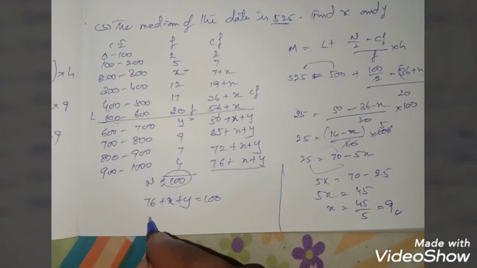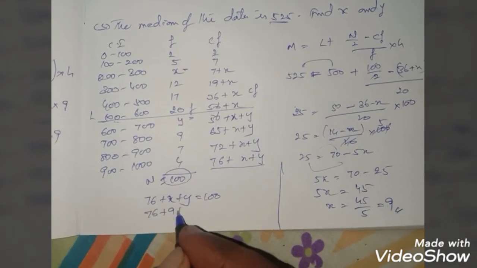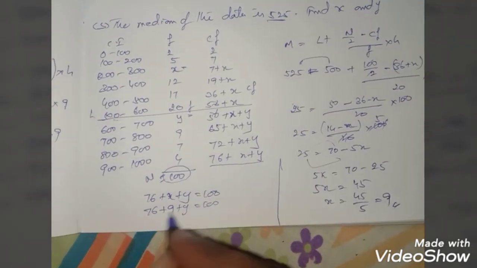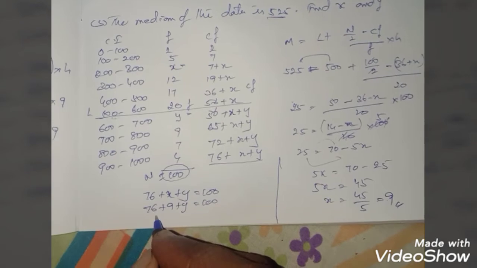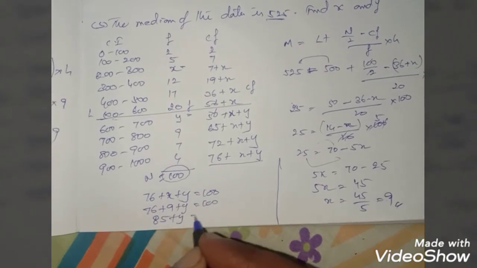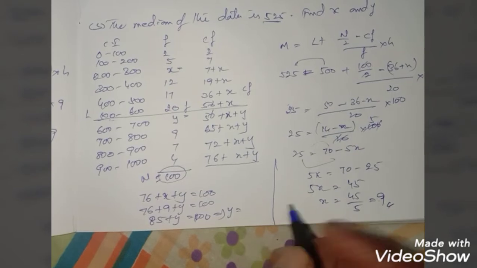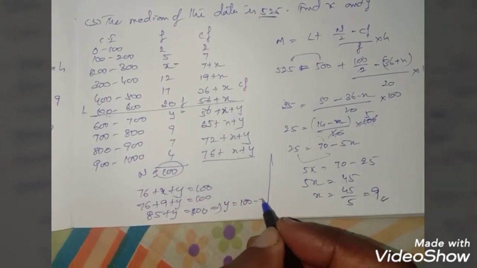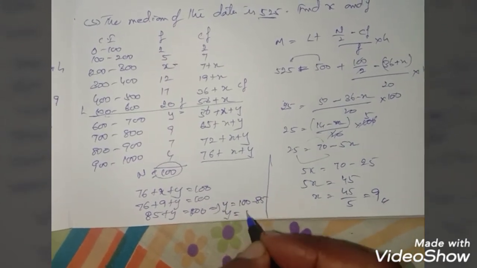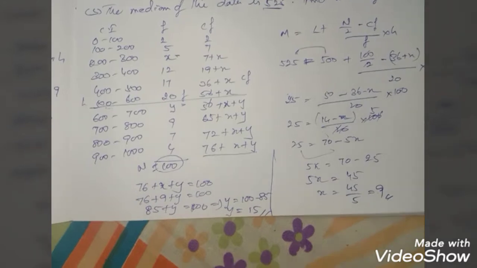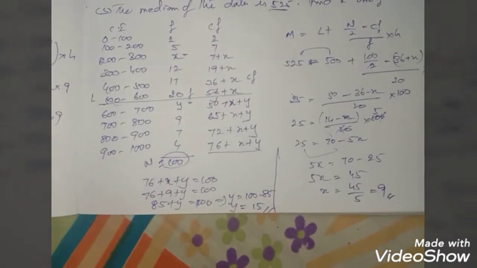Now substitute this 9, you will get 76 plus 9 plus y is equal to 100. 76 plus 9 is 85 plus y is equal to 100. Now send this 85 here, so y is equal to 100 minus 85, so y is equal to 15. So like this we are finding the values of x and y.